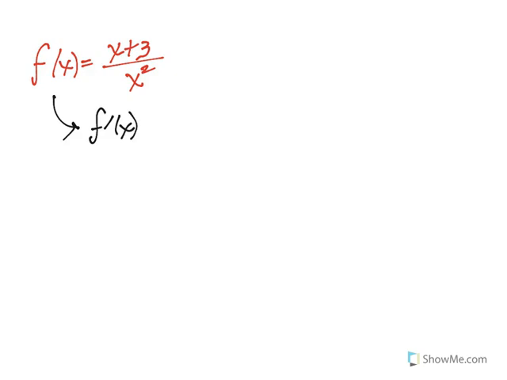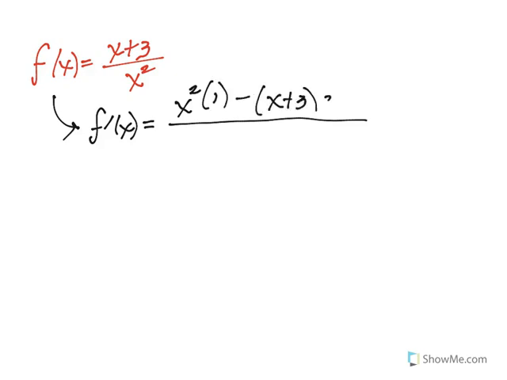So let's take, for instance, the problem f of x is equal to x plus 3 over x squared. And by finding the critical numbers of this function, we will first derive it. So my f prime of x, using the quotient rule, will be low d high minus high d low over the square of the denominator.